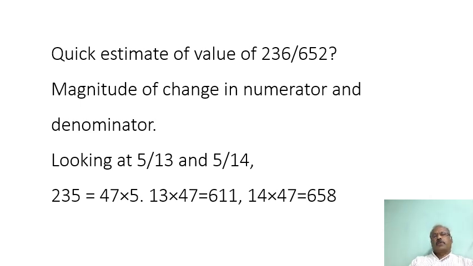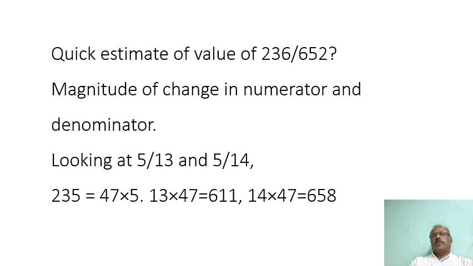We had two options, 5/13 and 5/14, in the given options for the question. So we look at what is the multiple of 5 that gives us a figure near to 236.